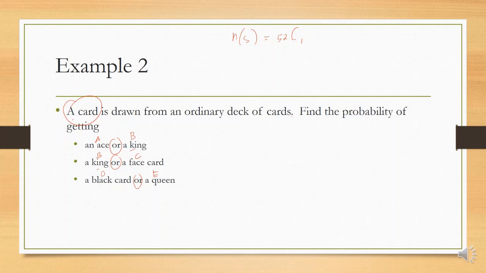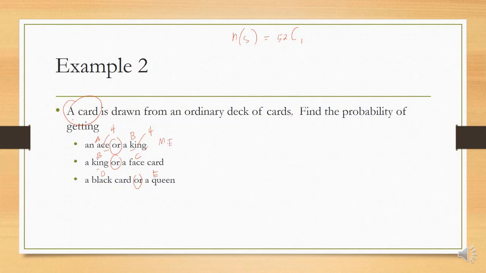Now, remember, sa isang deck ng cards, meron tayong 4 na ace at meron tayong 4 na king. Now, is there a card that is an ace at the same time a king? So, wala. So, this one is a mutually exclusive event.